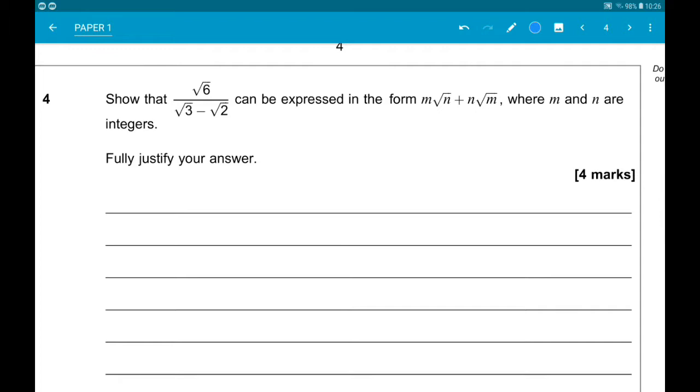Now the trick with a 2-term denominator is to use the difference of two squares. So we have root 6 over root 3 minus root 2. So we multiply top and bottom by root 3 add root 2.